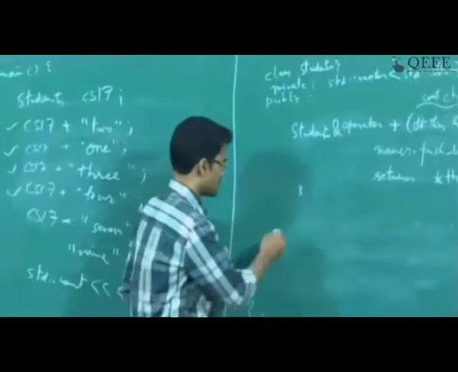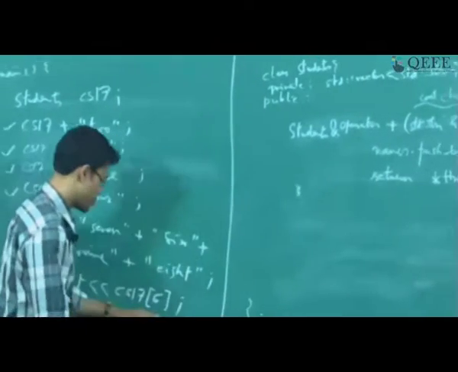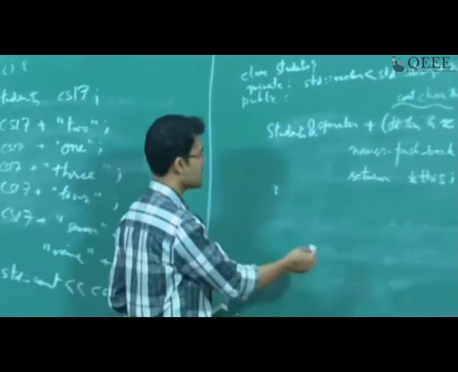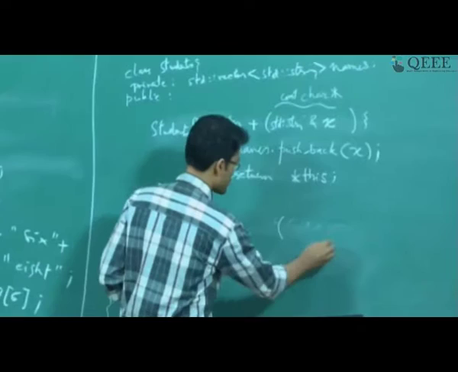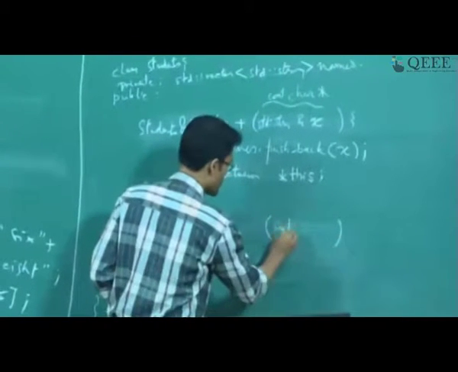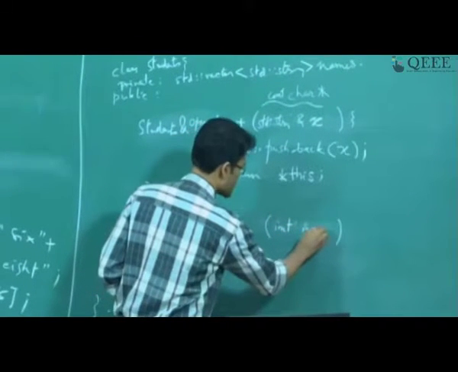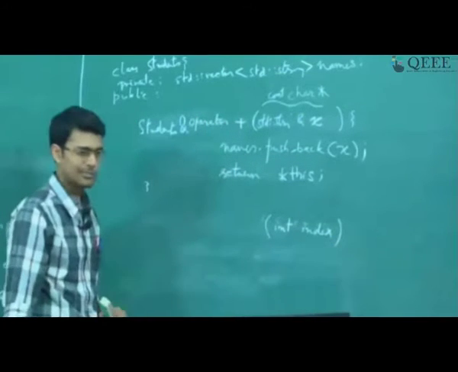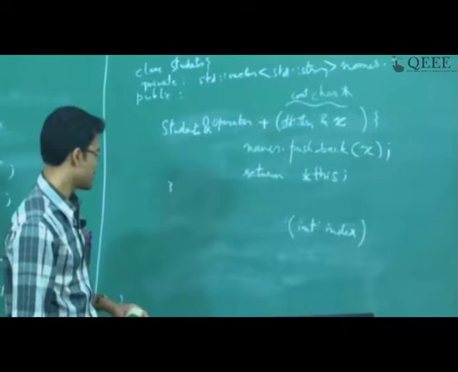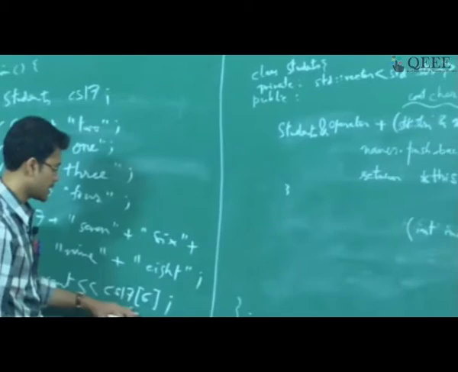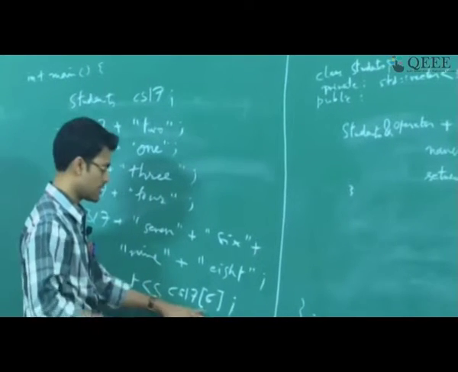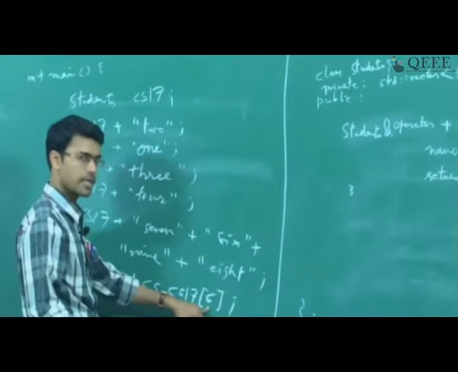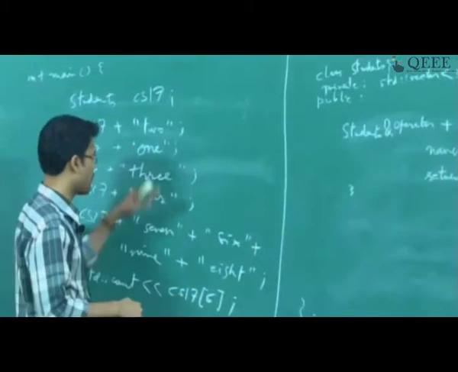And this subscript operation should take what? Since it is inside the class, it takes just one parameter which is of type integer index, and it should return what? It should return the 7th element, this CH-17 of 6, so it should return the 7th element of what we have added.